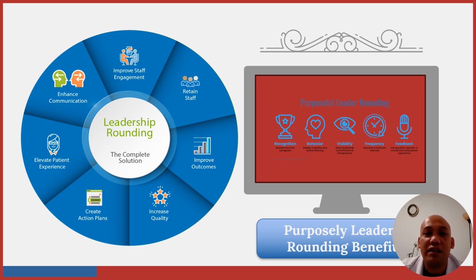Third is improve outcomes. If we have a good patient experience, it will also improve our patient outcomes in terms of our key performance indicators. Next is increase quality, create action plan, elevate patient experience, and enhance communication.